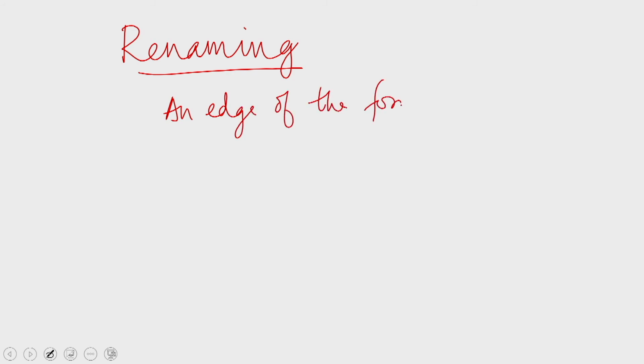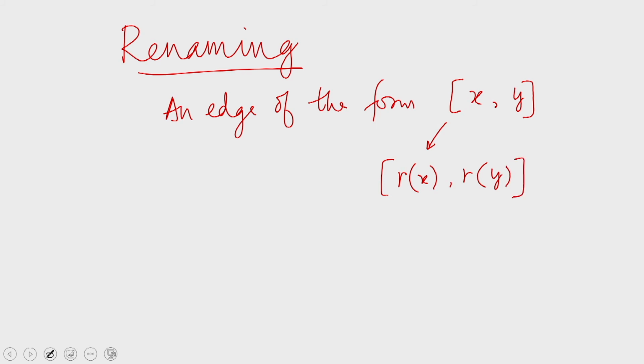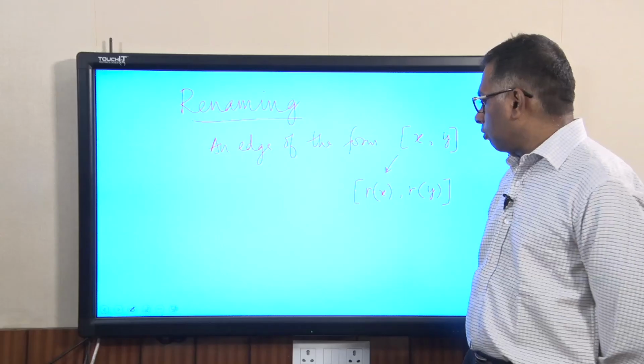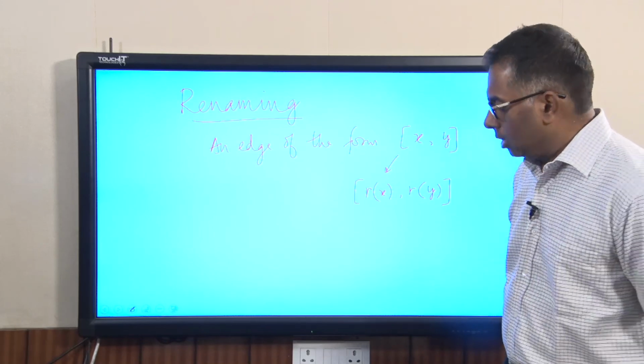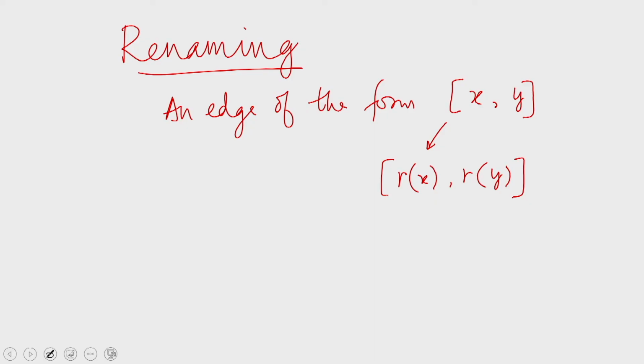In the fifth step, where we will be taking renaming, what we do is this: an edge of the form x y will have to be replaced with an edge of the form r of x, r of y, where r of x is the root of the tree containing x and r of y is the root of the tree containing y. For example, here 4 is the root of our example tree.